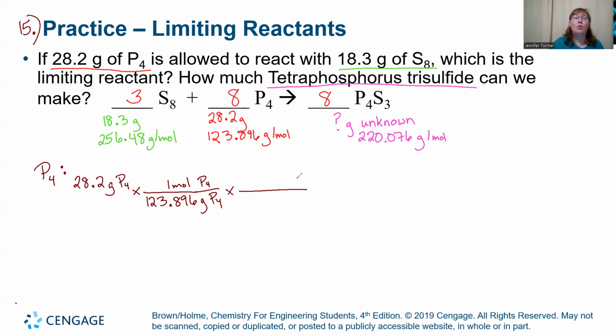Next we need a mole ratio, and it's 8 moles of P4. We are still going to our unknown, so we put 8 moles of P4S3 on the top. We're just ignoring the S8 completely. The last piece here is the molar mass of our P4S3.